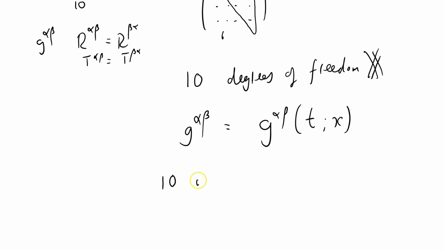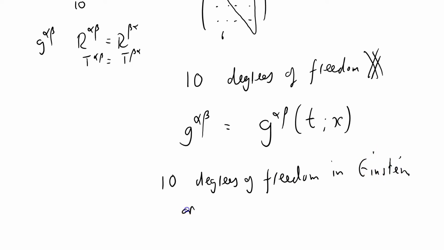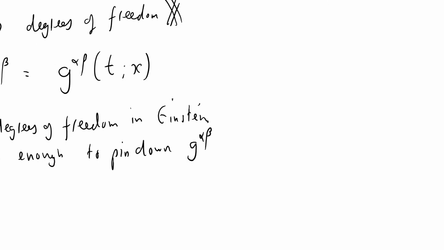So 10 degrees of freedom in the Einstein field equations are enough to pin down, subject to appropriate starting conditions, all the elements of the metric tensor for now and forever.